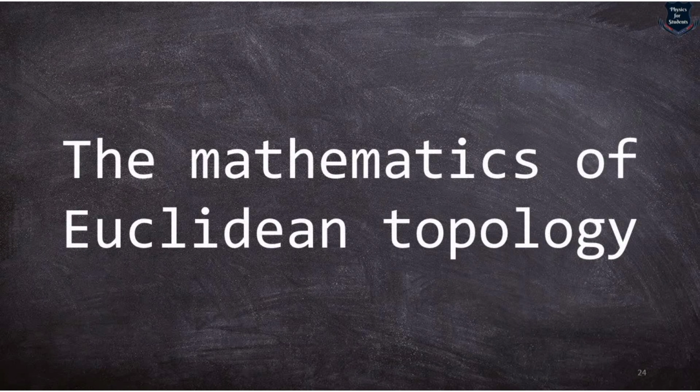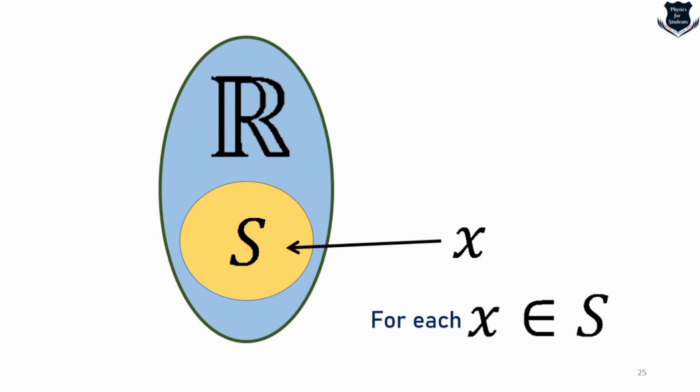Okay, so we come now to what is called the mathematics of Euclidean topology. So we will just deal in very simple terms. We are not going to deal much into this. So if I consider a set R of real numbers, just for the time being, right? This is a set R and this is a subset S. Now what I see is, for each X which is an element of S, right?